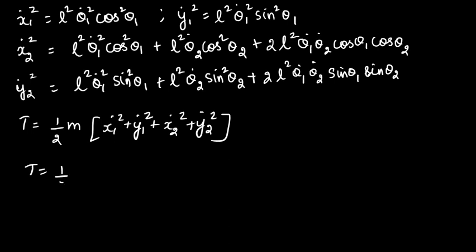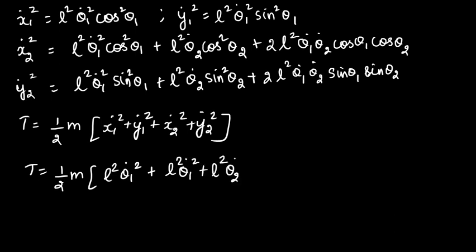So your T will now have L square theta 1 dot square. Similarly, when adding x2 dot square plus y2 dot square, you'll have the cos square theta 1 and cos square theta 2 terms. So you're going to get L square theta 1 dot square plus L square theta 2 dot square.